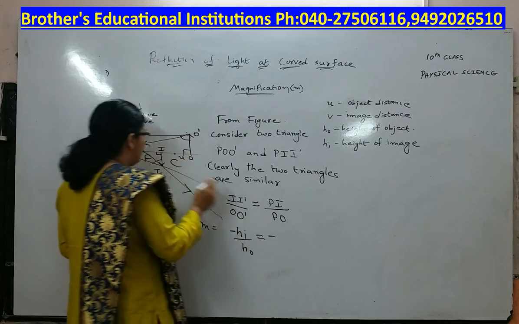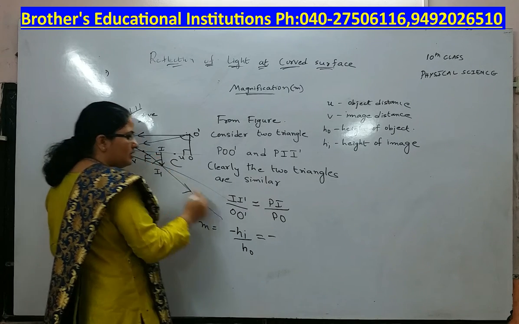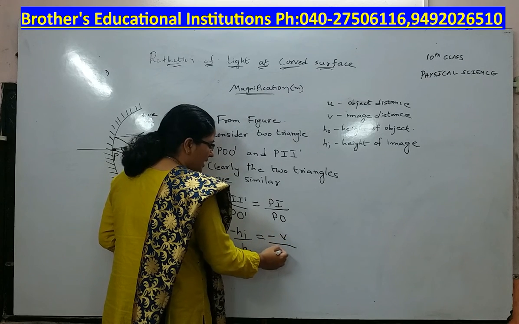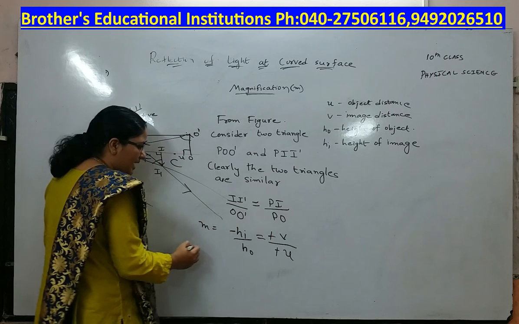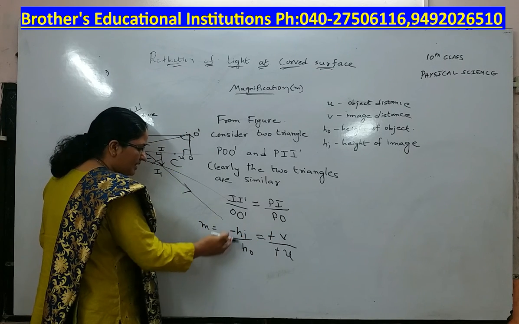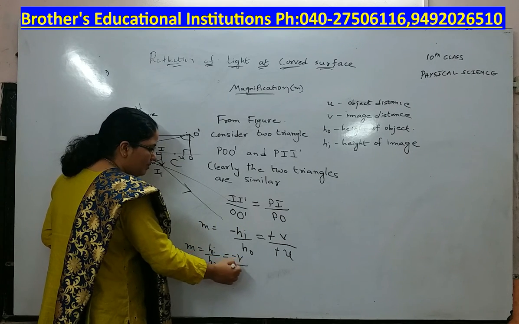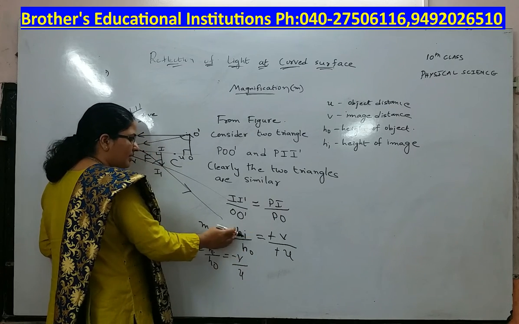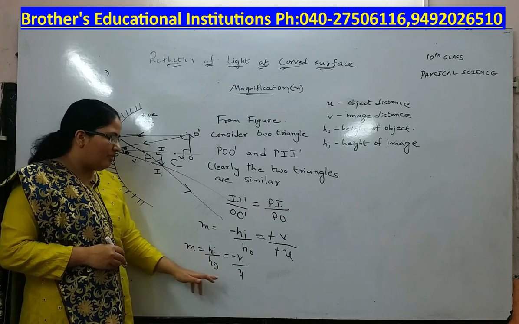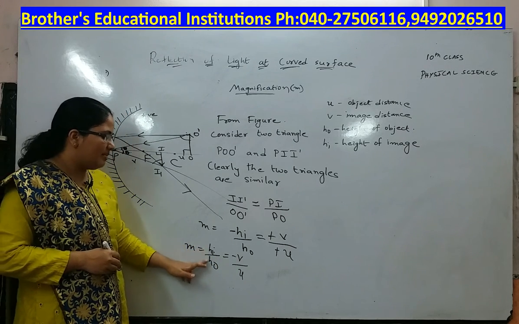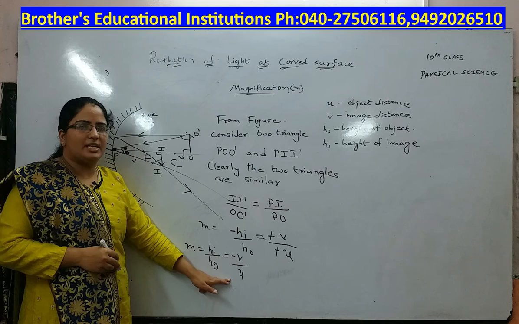Now PI means the distance of the image, so that is minus V by minus U. If you cancel the minus sign here, you get M equal to HI by H naught, which is equal to minus V by U. I can keep the minus sign for V by U. So the formula for magnification is HI by H naught or minus V by U. These are the two formulas for magnification.